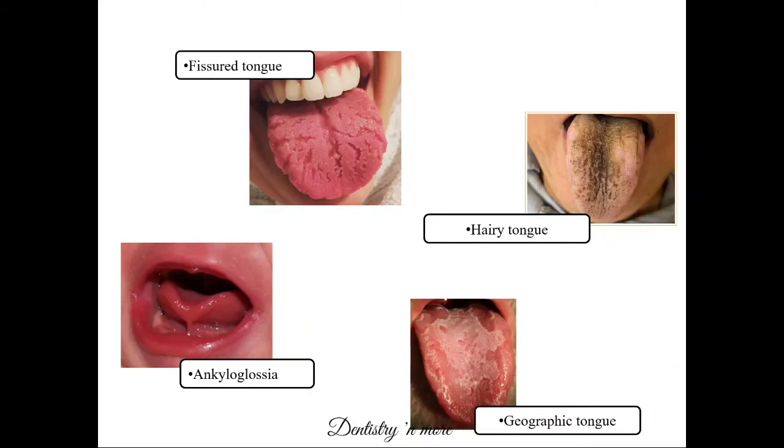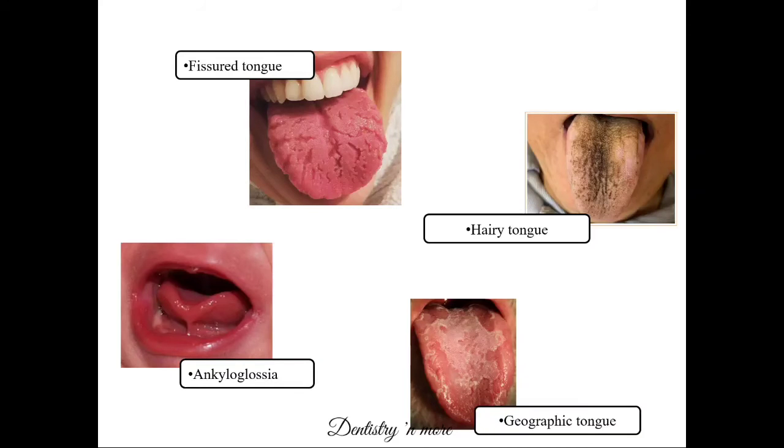As you know, fissured tongue can be considered as long fissures or deep grooves seen on the dorsal part of the tongue. The hairy tongue is an elongation of the filiform papillae, which leads to collection of microbes as well as accumulation of food debris within the grooves of the elongated filiform papillae.